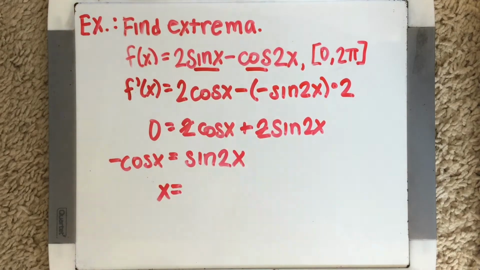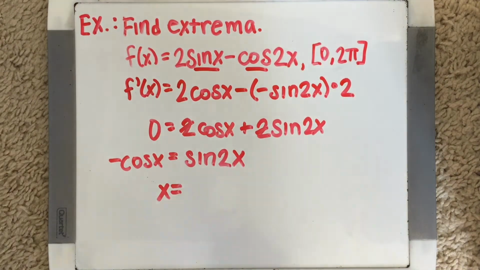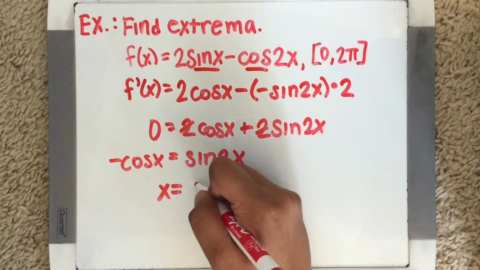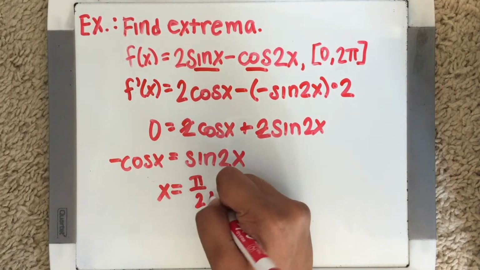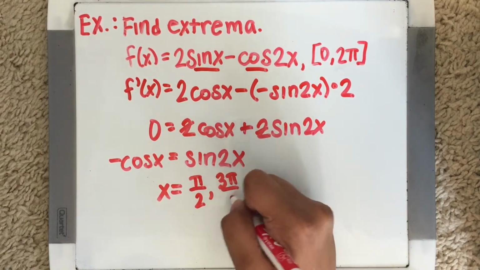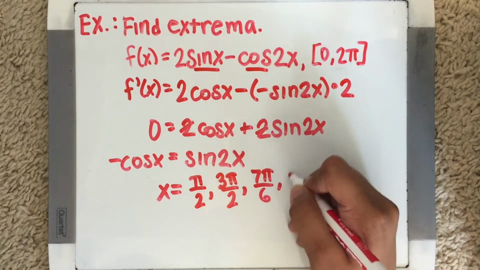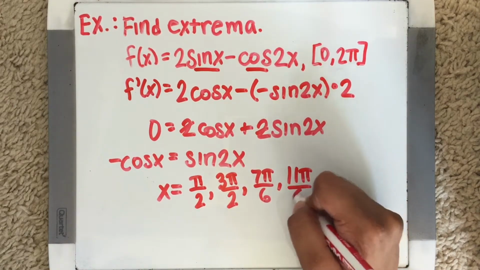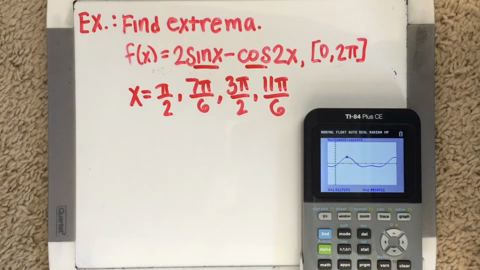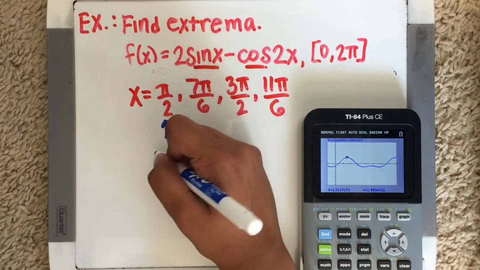And then when I plug that into a calculator, I get that x is equal to pi over 2, 3 pi over 2, 7 pi over 6, and 11 pi over 6. Now, using a calculator, I can see that at x equals pi over 2, there is a maximum.